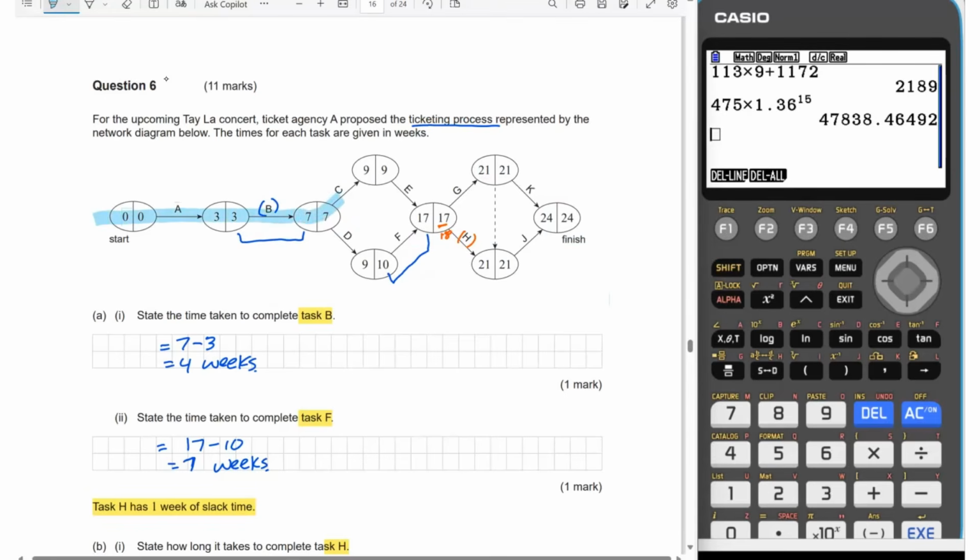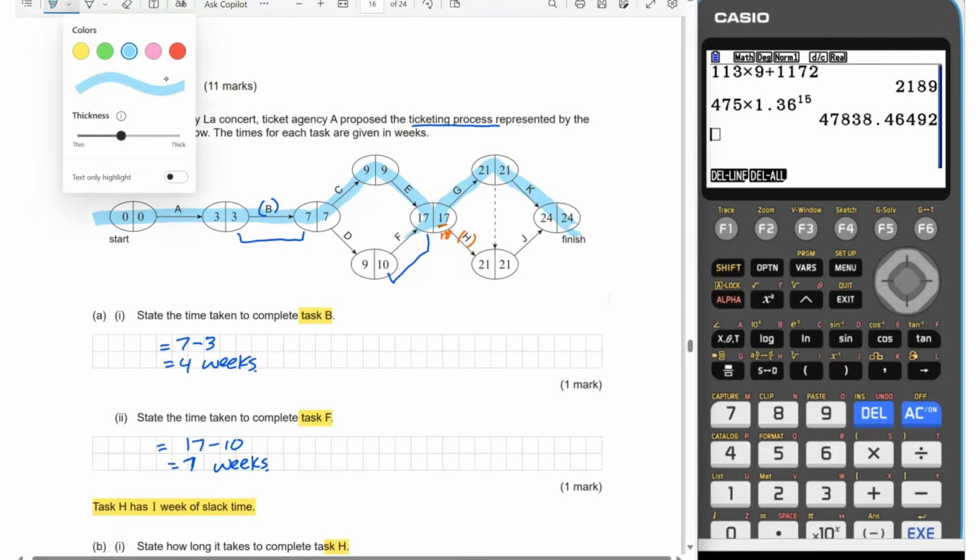Then we go up through C because we've got the 9 and 9 here, and then down to E. We can't go through H because we were told in the question that it has 1 week of slack. So we go up to G, and then through K as our first option. The second option is to use this dummy link and go down to then go through J.